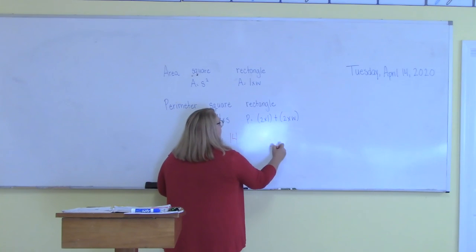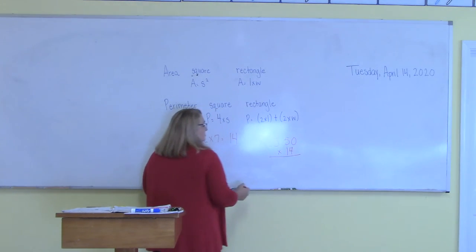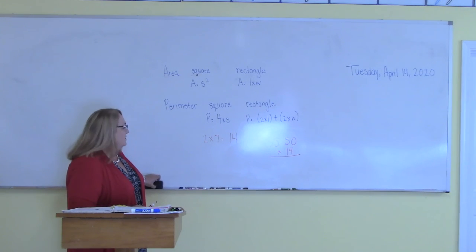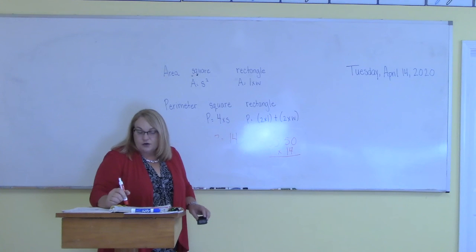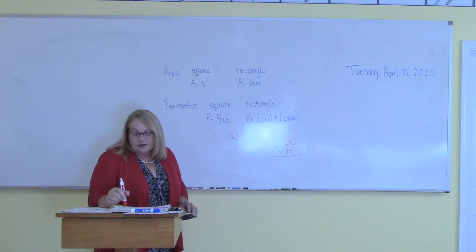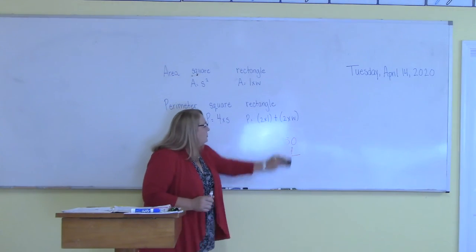To find out how much it costs, you're going to multiply $35.50 times 14. And then D, what was the total cost of the tile and the labor for laying the tile? You will add your answer that you received for B and your answer for C together.